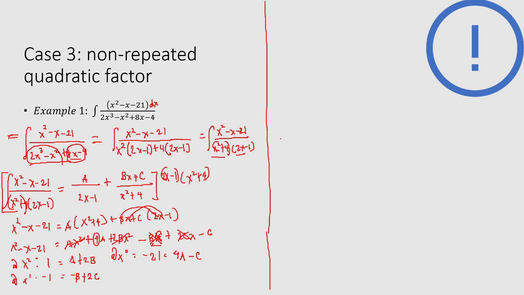If we rewrite those three equations: equation 1, A plus 2B is equal to 1.